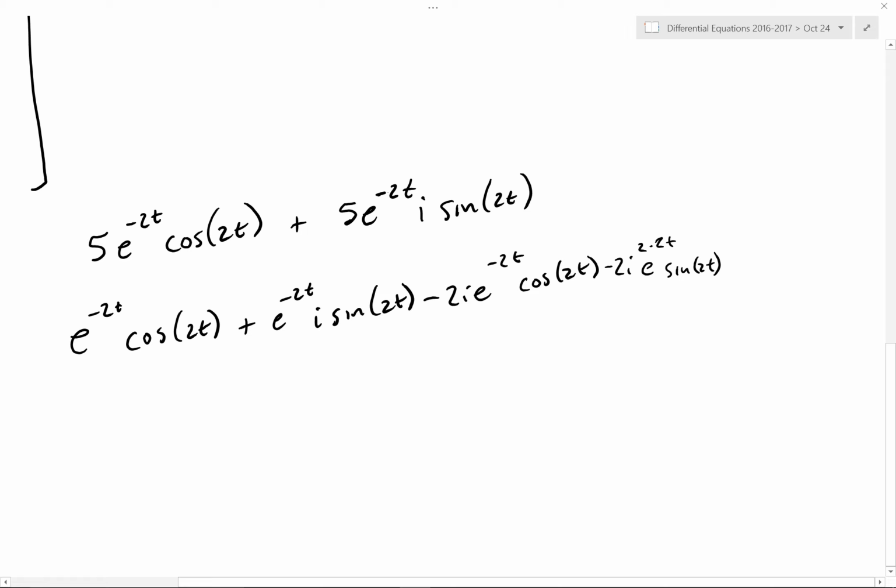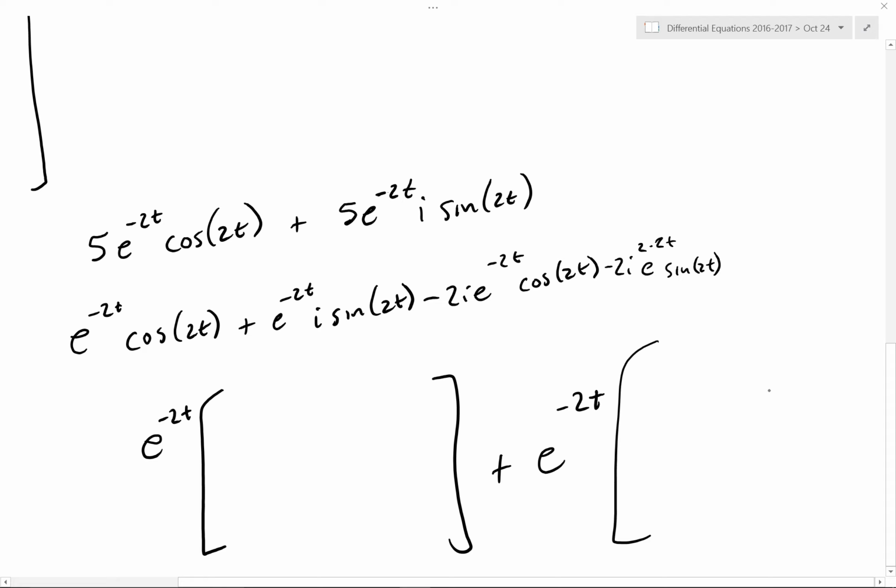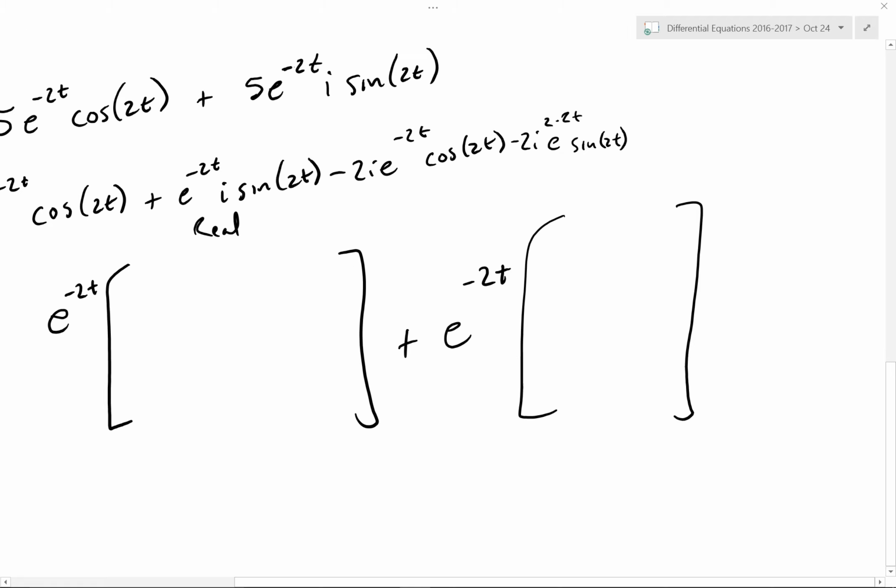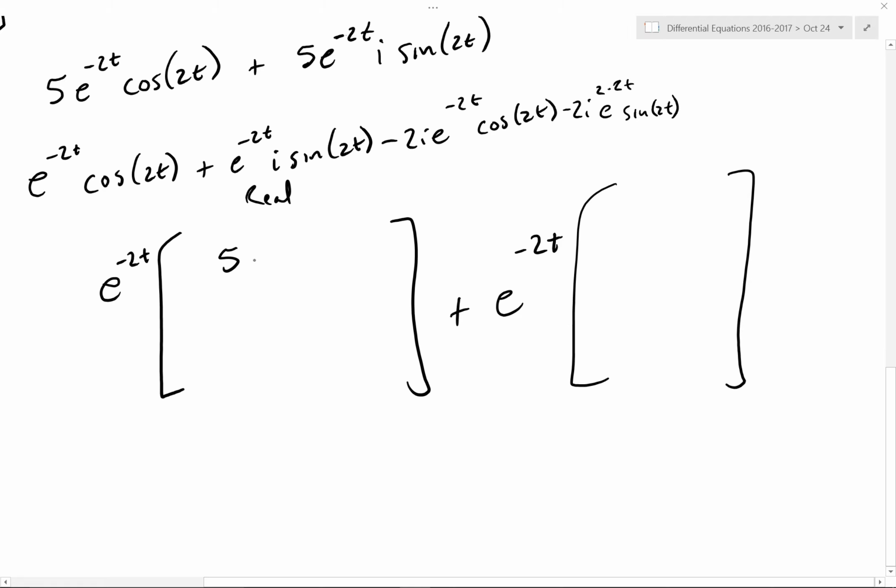So notice that everybody has an e to the minus 2t in front. That's totally true. So I'm going to bring that out front. And I'm going to rearrange these into two vectors, the real vector and the imaginary. So this one's going to be 5 cosine 2t.